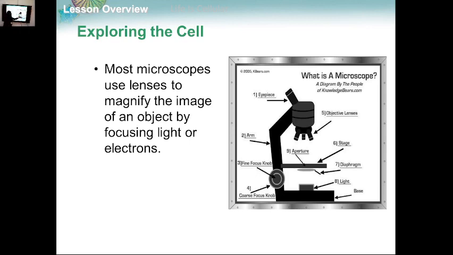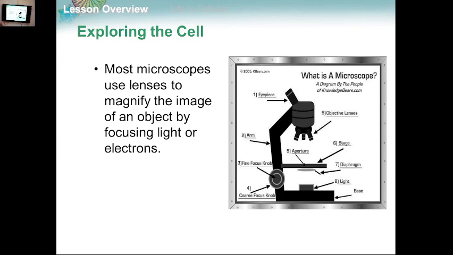We have the stage, diaphragm, light and base, and finally aperture. We will put the specimen here and turn on the light, and the light will pass through the specimen. Then the objective lenses will take the light to the eyepiece, and the picture will be magnified.